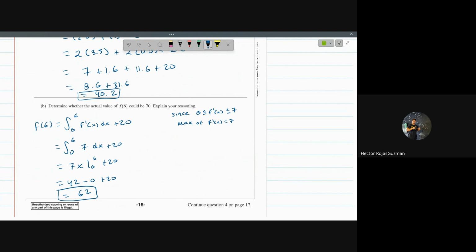So then no, f of 6 could not be 70. That's it.